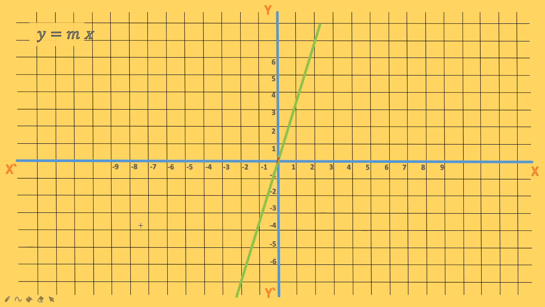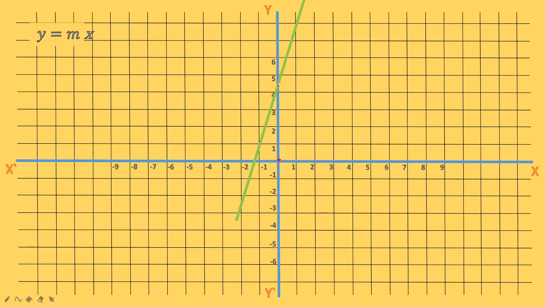Okay, let me just change my pen. Okay, this line crosses the y-axis at this point, right? Now suppose I move the line up without rotating. I'm just moving the line up. What happens?